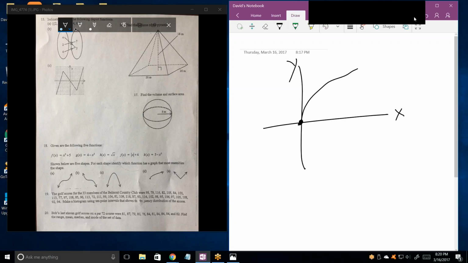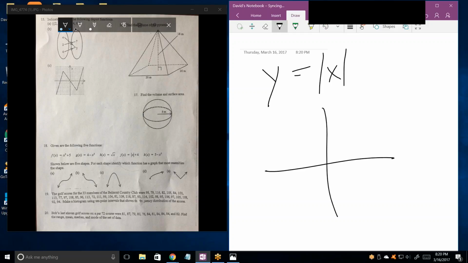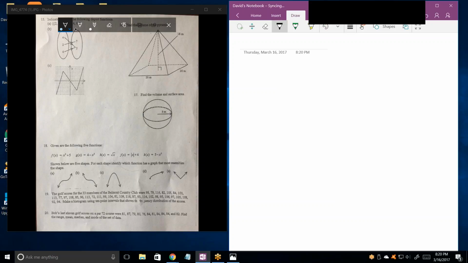In other words, if I were to plot y equals absolute value of x, it gives you that V. Notice when x is negative, the slope's got to be -1, but when x is positive, the slope's got to be +1. So you end up with a V. The moment I see that V, I'm looking for a function that's got an absolute value in it. And it's J of x. Yes. All right, which leaves these two, A and B.